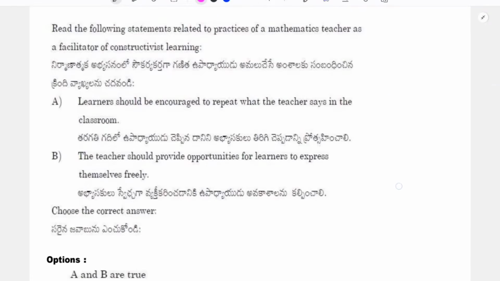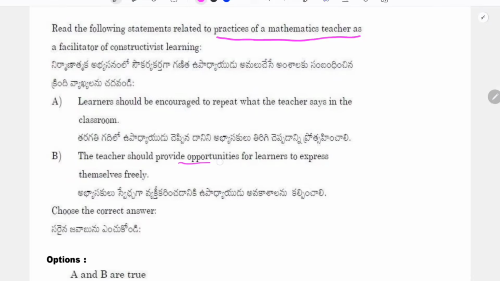Now last question, read the following statements related to the practices of a mathematics teacher as the facilitator of constructivist learning. A: learners should be encouraged to repeat what the teacher says in the classroom.